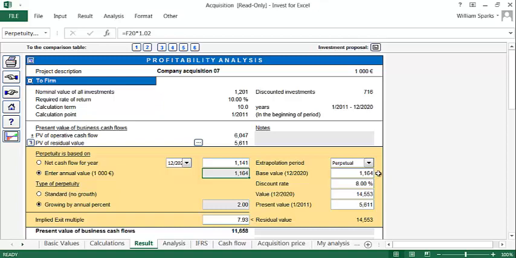Because the perpetuity value is always calculated on the 11th year, the next year following the last year. So if you have 5 years, it's the 6th year, or if you have 15 years, it's the 16th year. That's my point. So this was also like extra course. But anyway, one interesting thing. Okay, first let's explain what is 8% discount rate to the right.